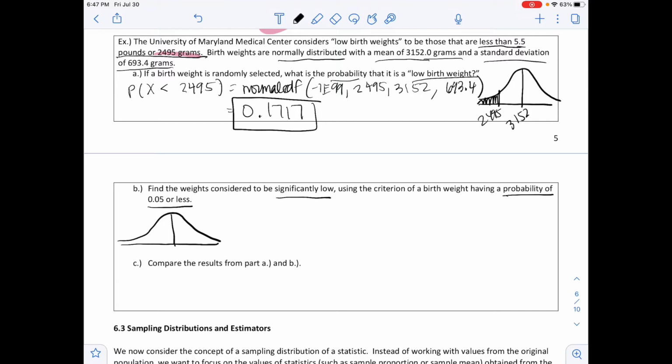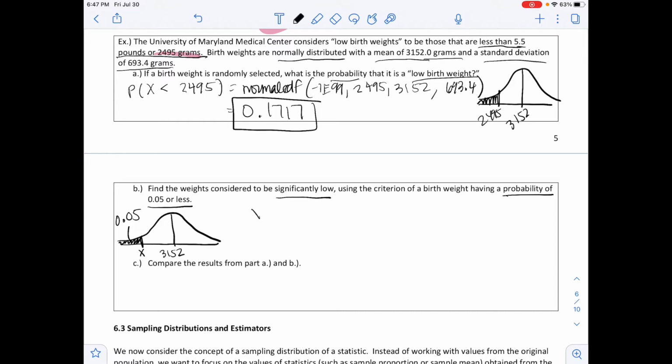So here's our normal curve. That mean is 3,152. Low birth weights would be those babies, those infants that are super small. So I'm going to go ahead and put that line over here and put an X. And it's going to be less than this, and that little area that we shaded here is going to be 0.05, which is, again, that cutoff for significantly low.